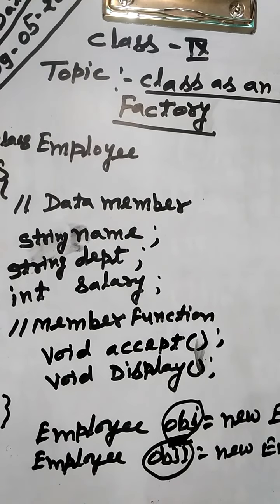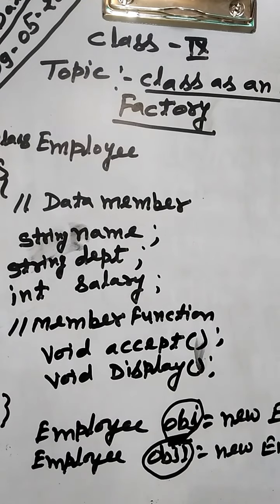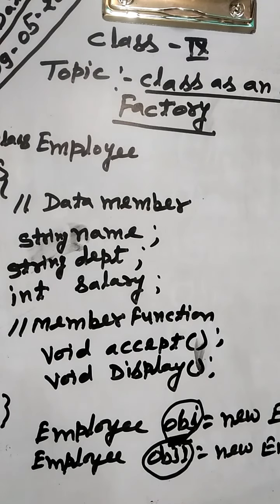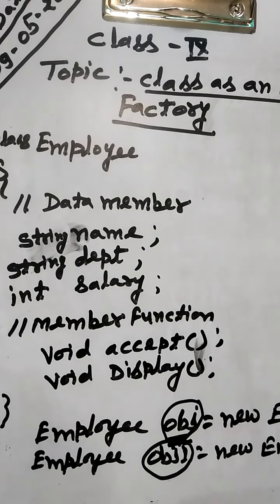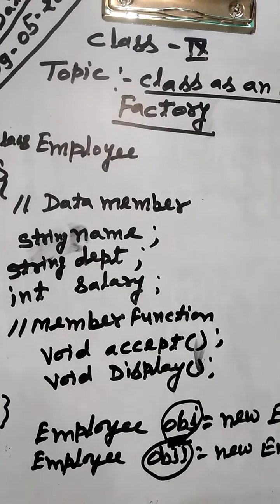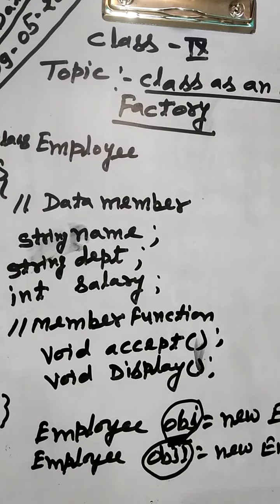Next one is the difference between class and object. As we know, a class is a representation of an abstract, while an object is a real and unique entity having some characteristics and behavior.